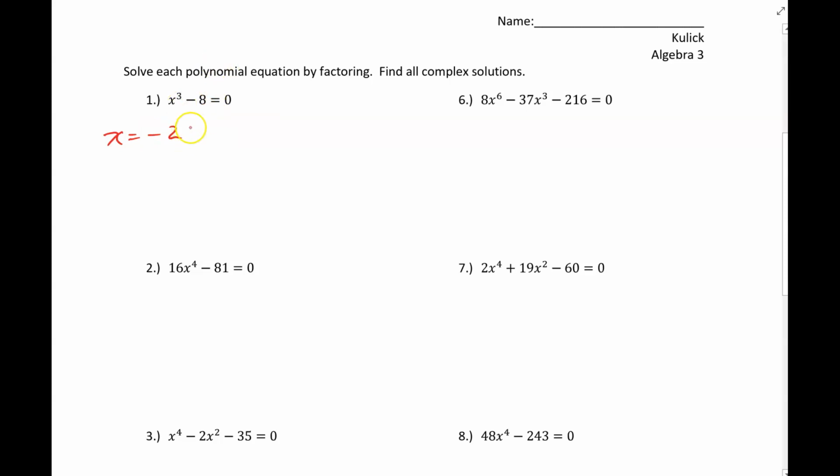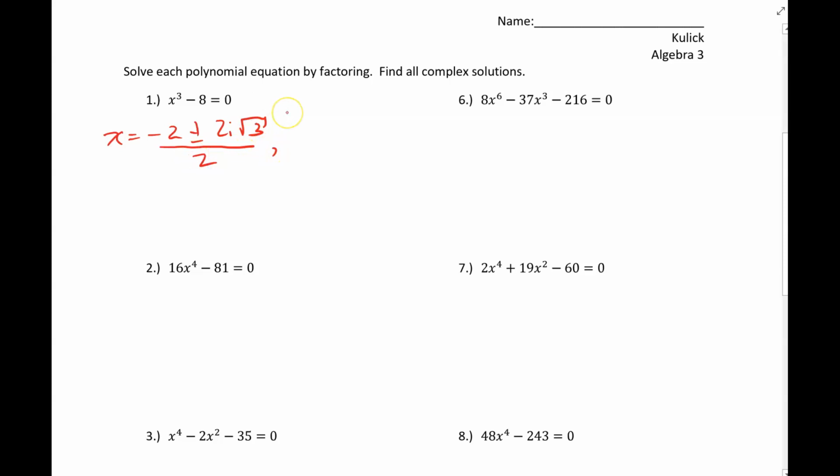Okay, -2 plus minus, okay. Plus and minus 2i square root 3.